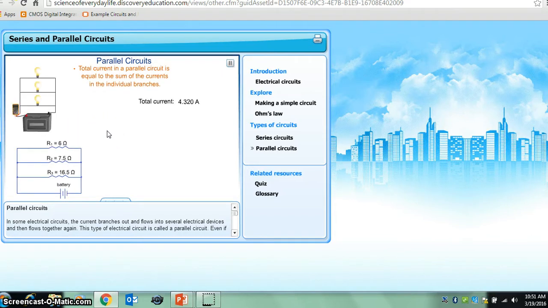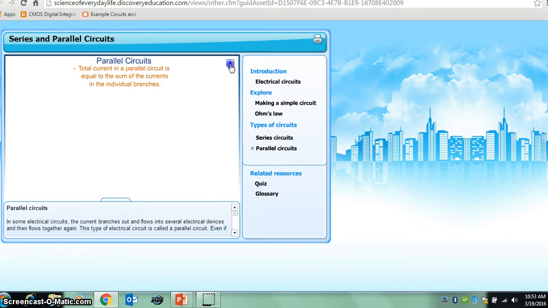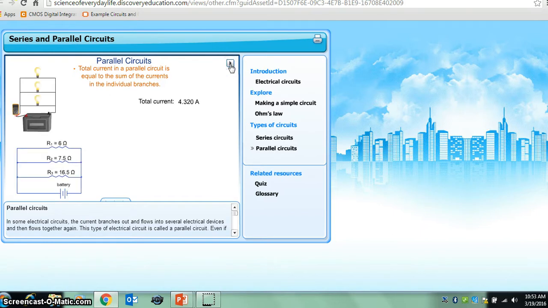Okay, now more specific about the current, voltage, resistance information. Coming to the details of voltage, current and resistance of a parallel circuit. The total current in a parallel circuit is equal to the sum of the currents in the individual branches.